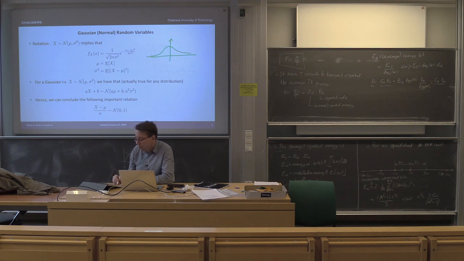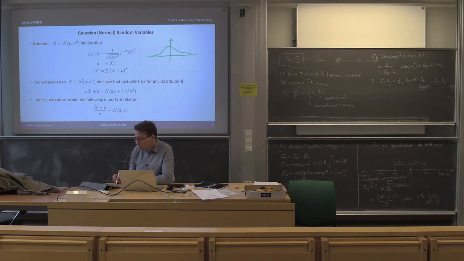Okay, now it happens to be a zero mean because it's centered around zero. Okay, so if we have a Gaussian random variable that's distributed according to mu and sigma squared, we can write this. This is true for any distribution: if we take x and multiply with a and then add b, how is that going to affect the variance and the mean?